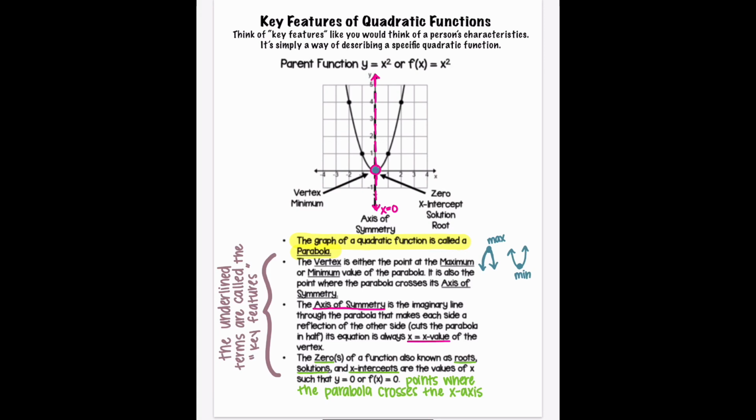For this parent function, notice that the parabola actually touches the x-axis at the vertex. Since the vertex is at the point (0, 0), you're going to look at the x value of those points.